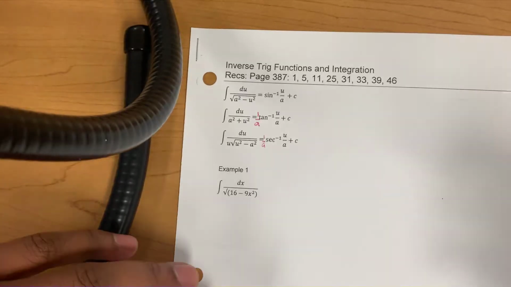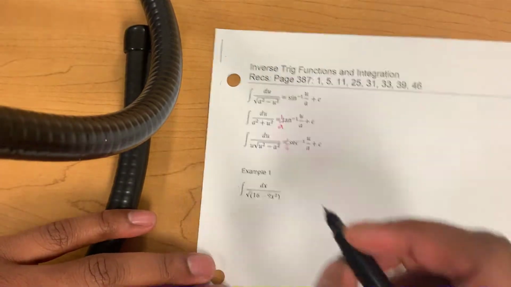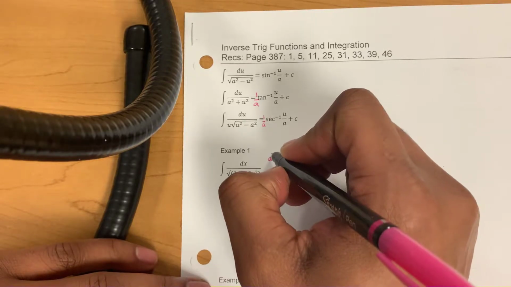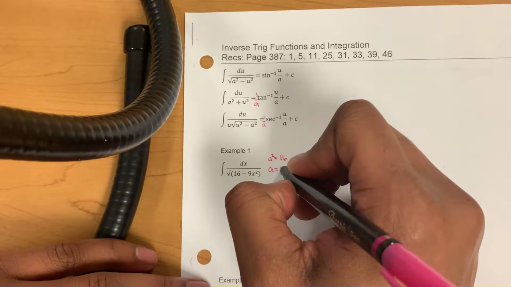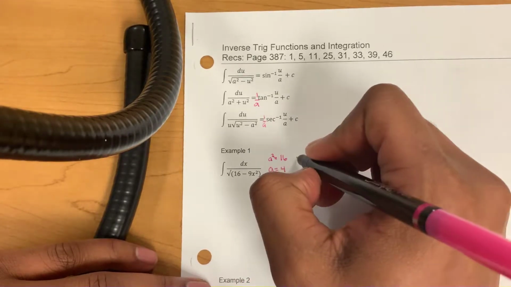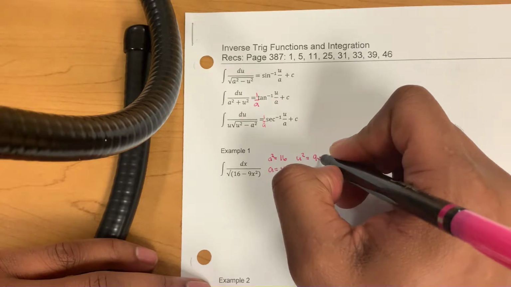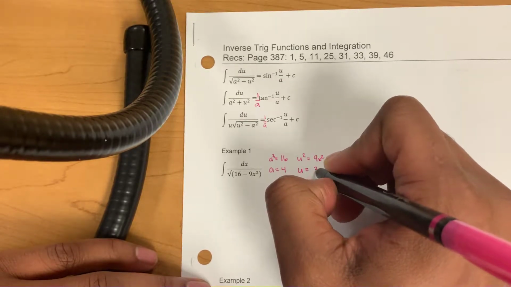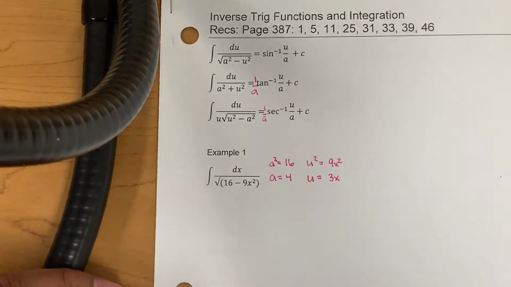So if we start with example 1, the first thing that we have to identify is our a. A squared is equal to 16, so a equals 4. U squared is equal to 9x squared, so u equals 3x. I can zoom in a bit.